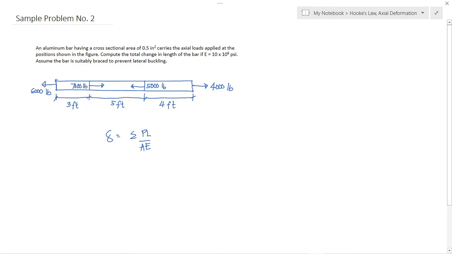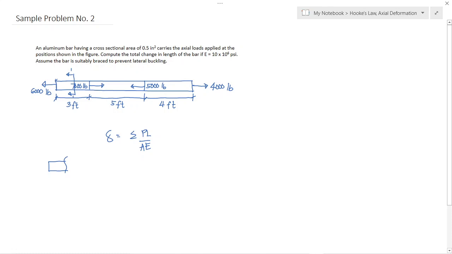Now, considering the first segment, the 3 feet length, let us determine the internal force at the first segment. So, let us consider this as section 1. Considering section 1, internally, 'di ba, yung process na tinuro ko sa inyo before.